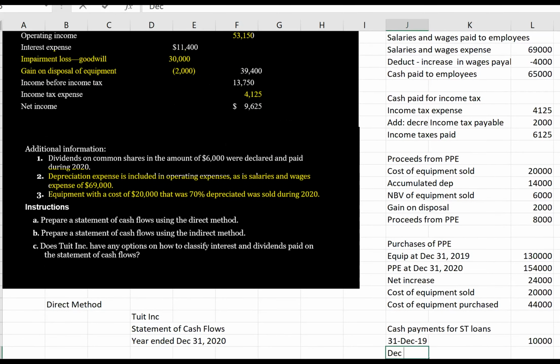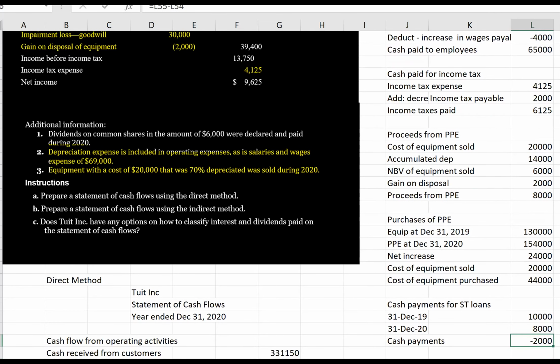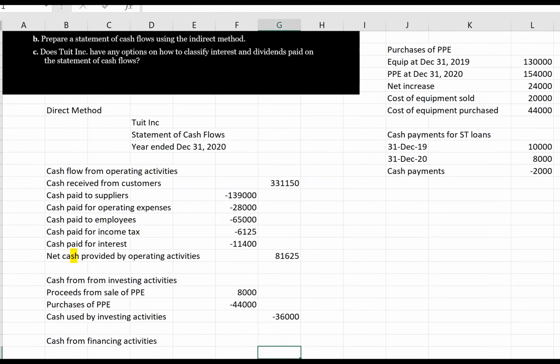And then our December 31st, 2020, which is 8,000. So then the cash payments are just going to be the difference. It was 10,000 and now it's 8,000. Anyways, we've used $2,000 of cash.